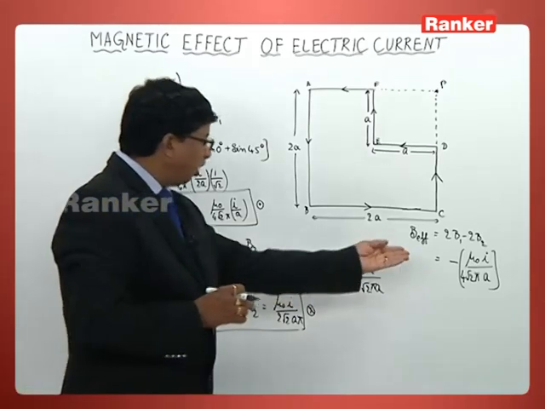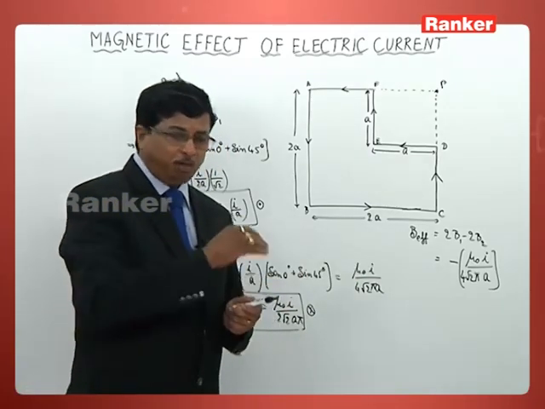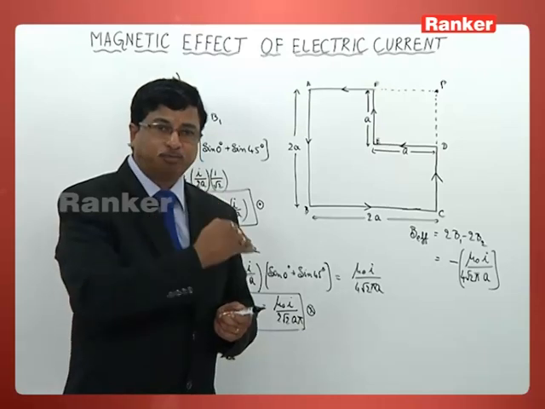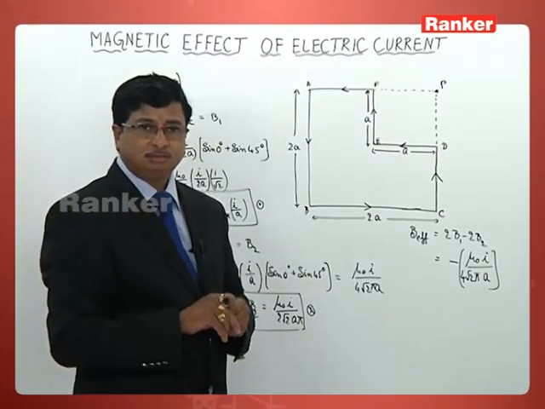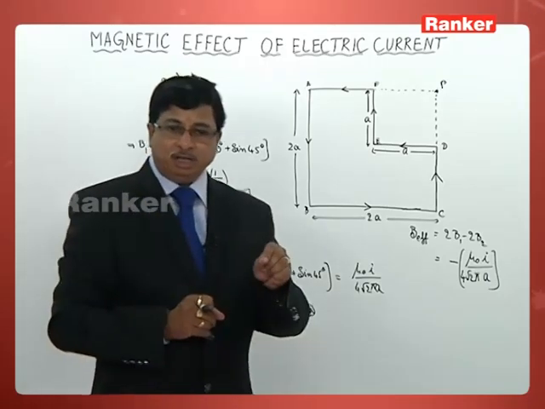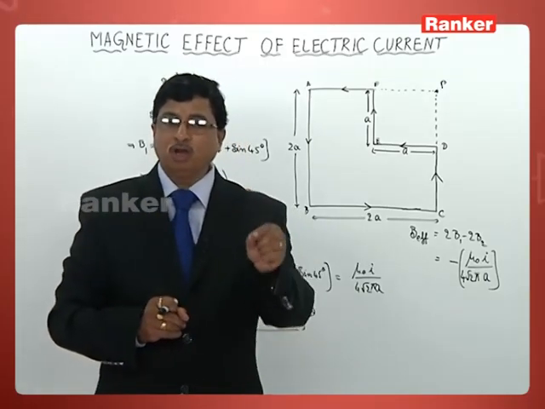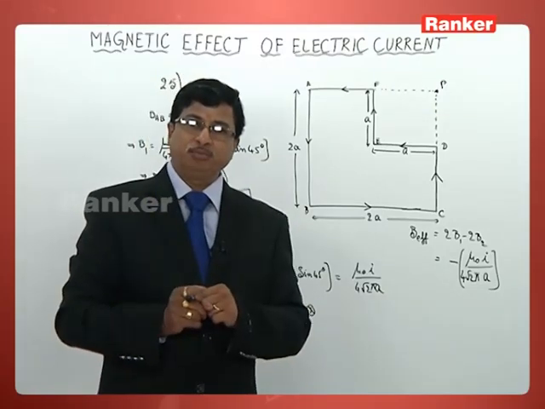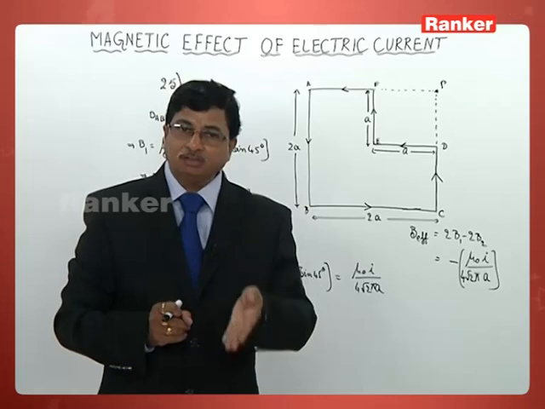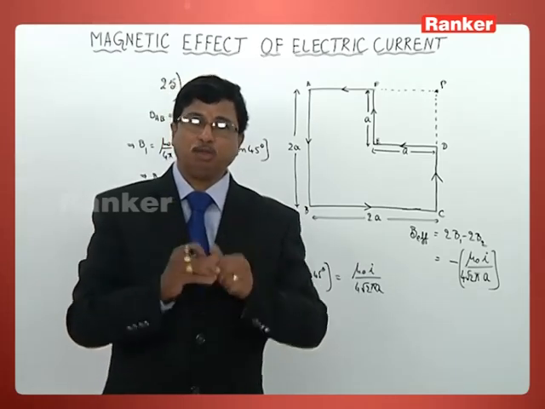But of course, that option has not been given directly in the same form in the problem. See the second option. He gave minus root 2 mu naught I by 8 pi A. That root 2 cancels in 8 for root 2 times.